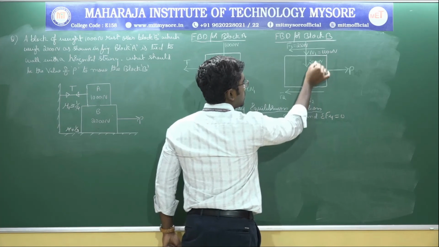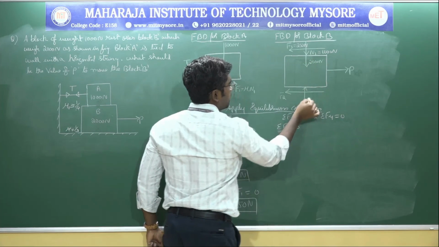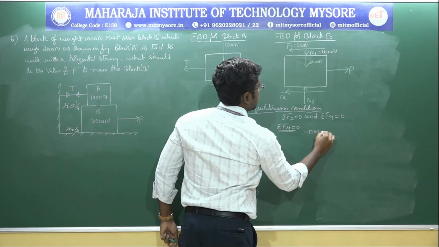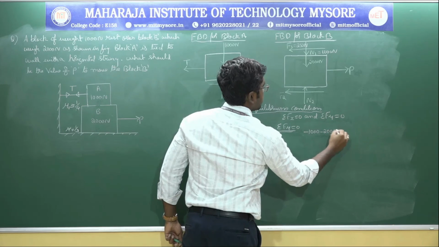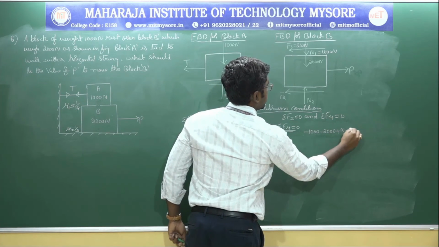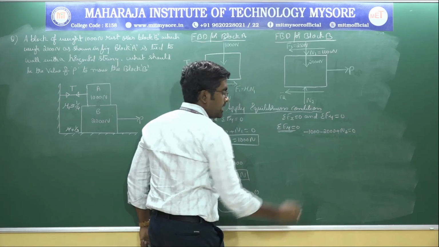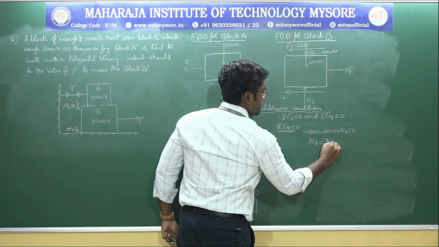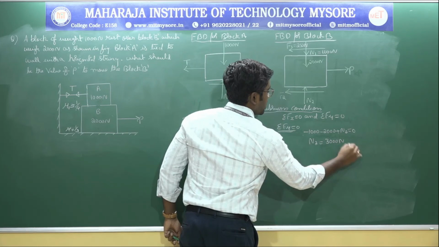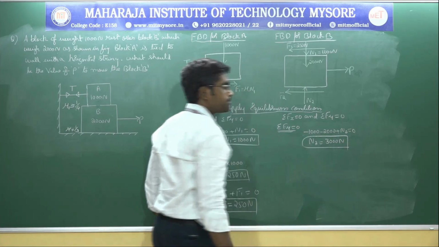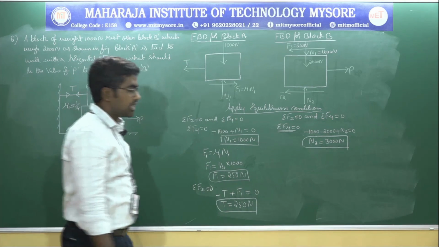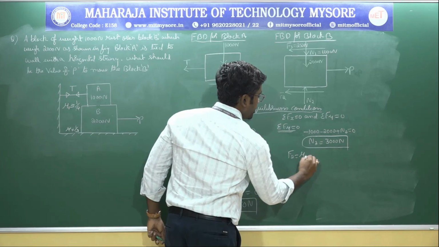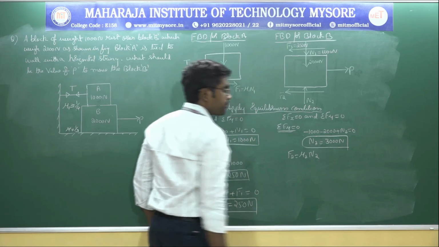So here there are three vertical forces, minus 1000, minus 2000 plus N2 is equal to 0. Therefore N2 will be equal to 2000 plus 1000, which is 3000 Newton. Let us use the next equation, that is F2 is equal to mu2 into N2.